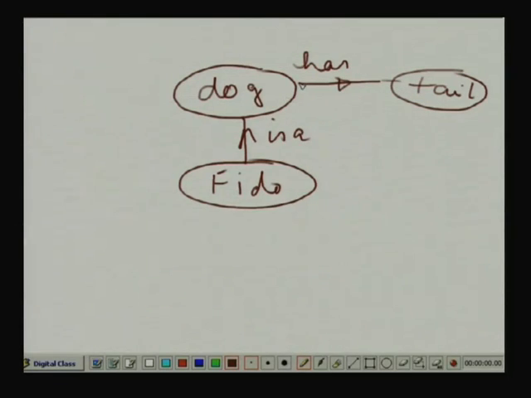Now, this property, you see, this is the property link, has part is the property link and tail is the value, all right, of that property.